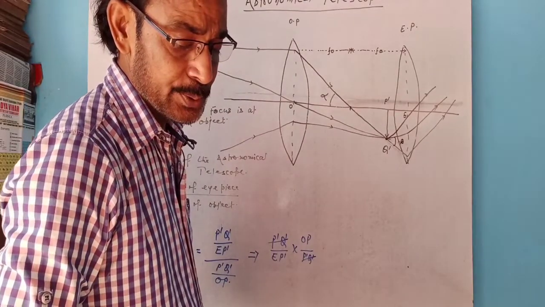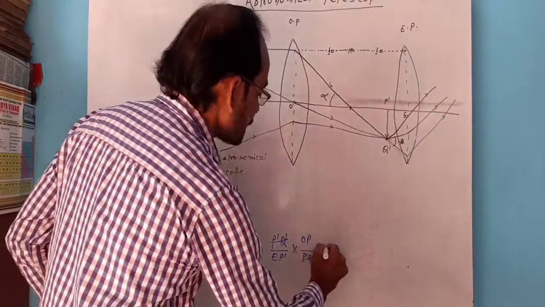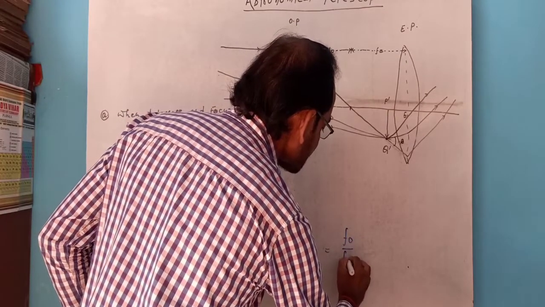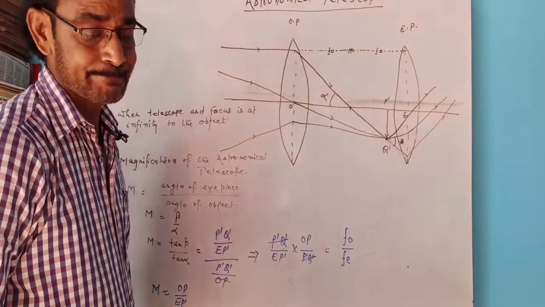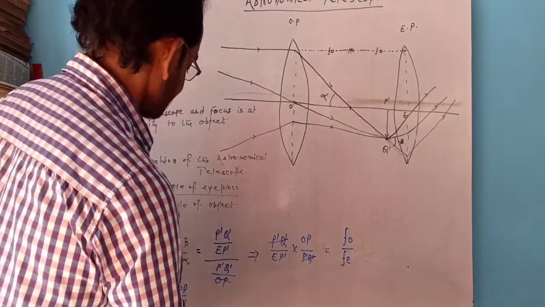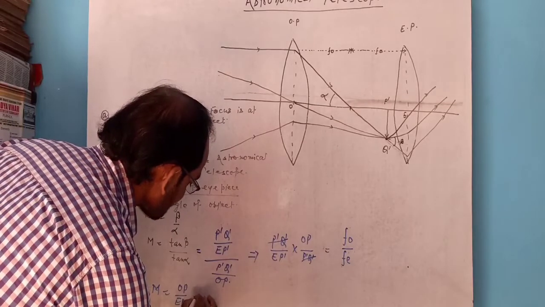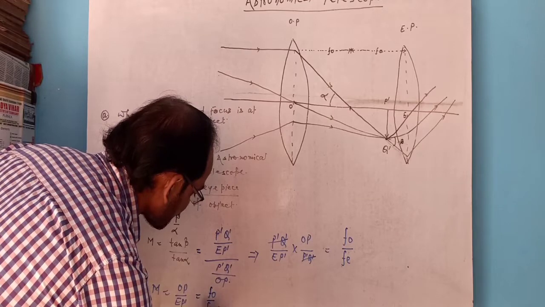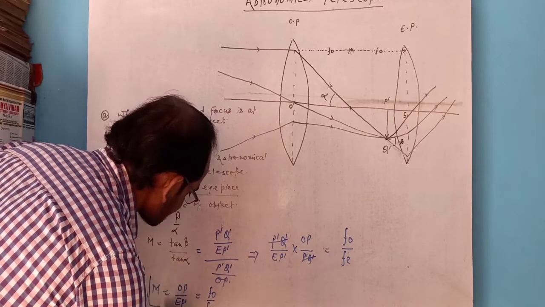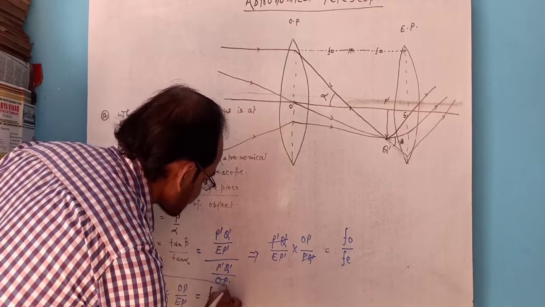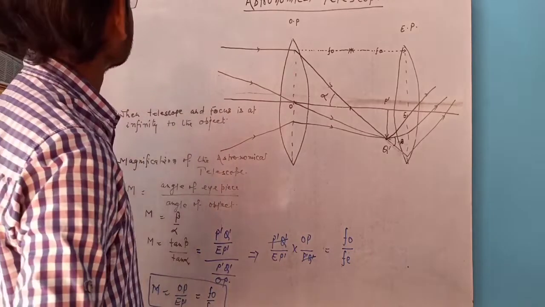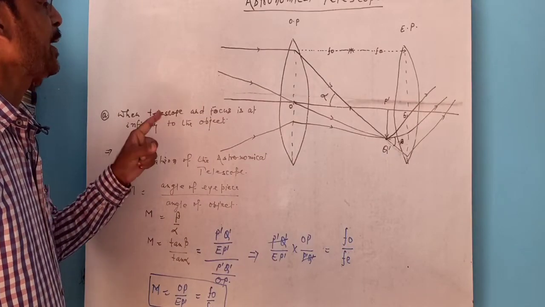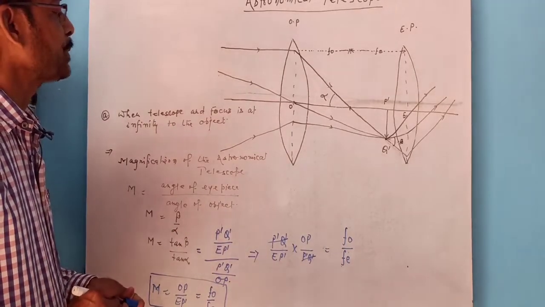So we can write FO upon FE. This is the magnification of the telescope when the telescope is focused at infinity to the object.